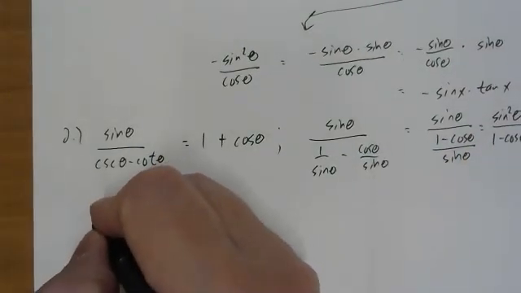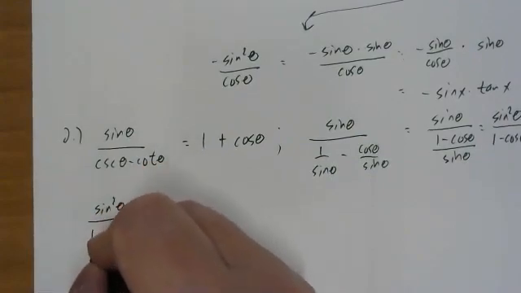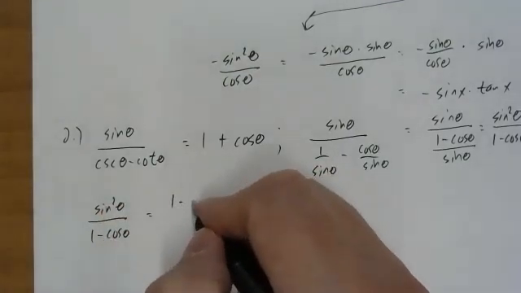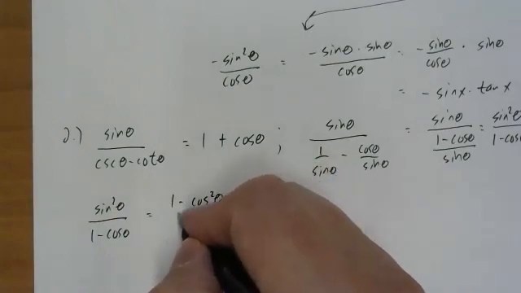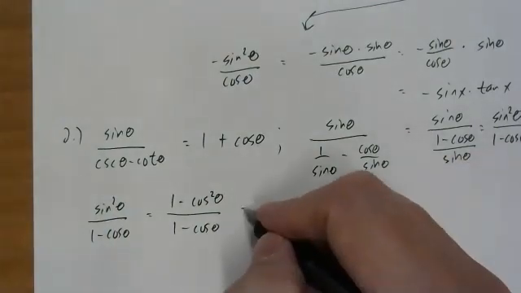So let's jump over here. Now I'm at sine squared theta over 1 minus cosine theta. I'm going to replace sine squared theta with 1 minus cosine squared theta, over 1 minus cosine theta.